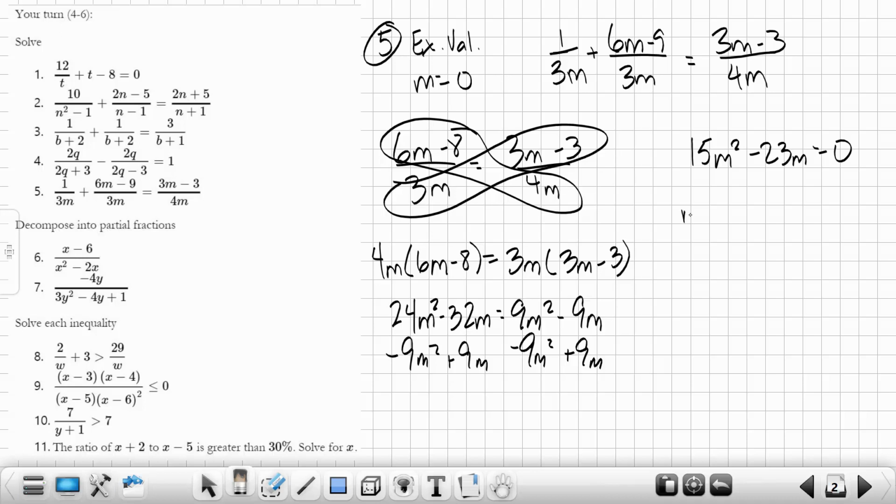Factor out the m. I get m times 15m minus 23 equals 0. That gives me m equals 0 and 15m minus 23 equals 0. M equals 0 is an excluded value. Can't use it. Add 23, divide by 15, and m is 23/15. That's ugly, but that's our solution.